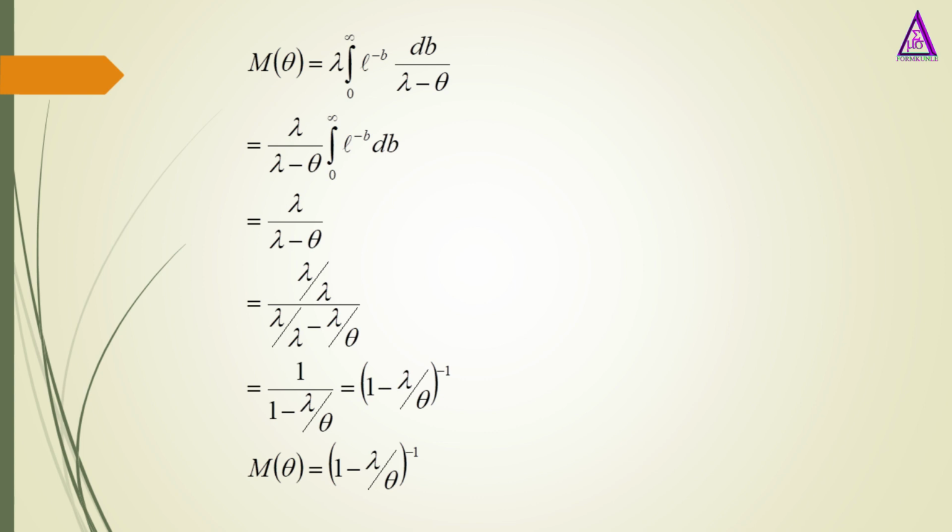That is the reason why we have λ divided by λ - θ in equation 3. And in equation 4, we just use λ to divide everything. So our moment generating function equals (1 - θ/λ) raised to the power of negative 1.